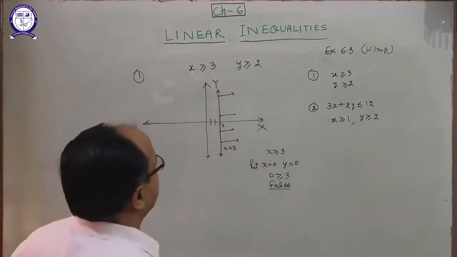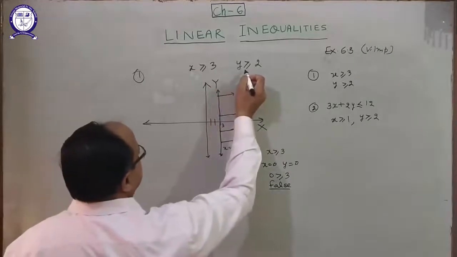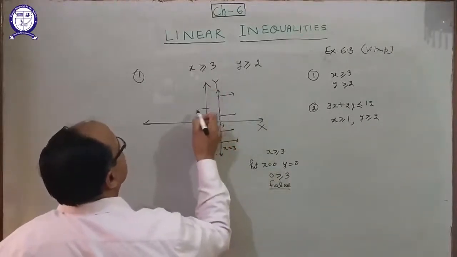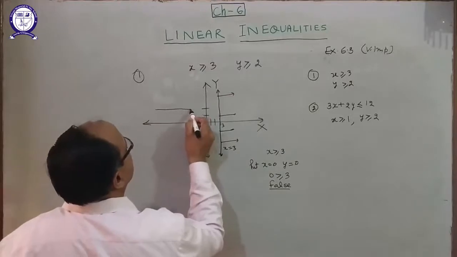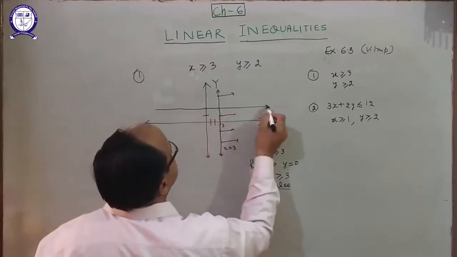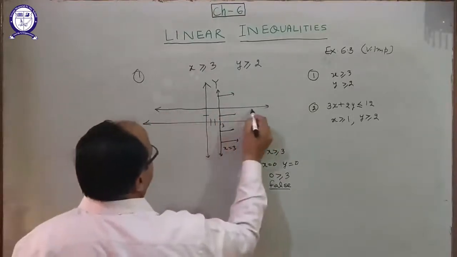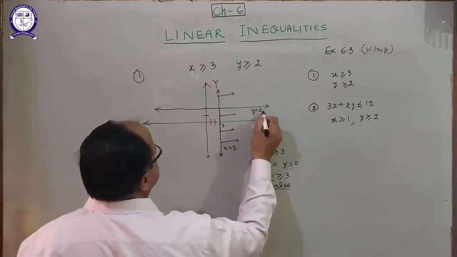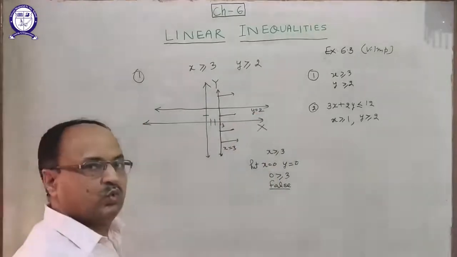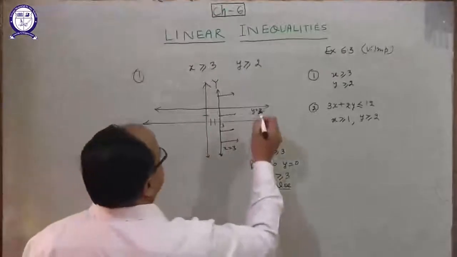Correct? And second, y is equal to 2. 1, 2. The line parallel to the x-axis.